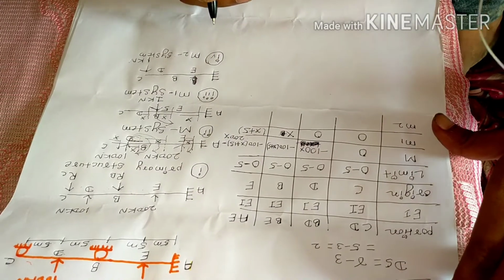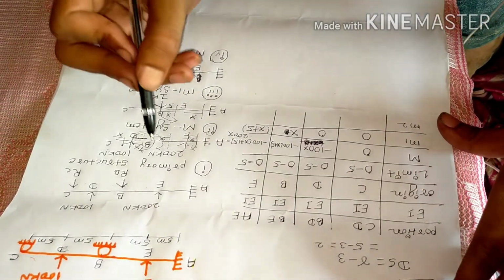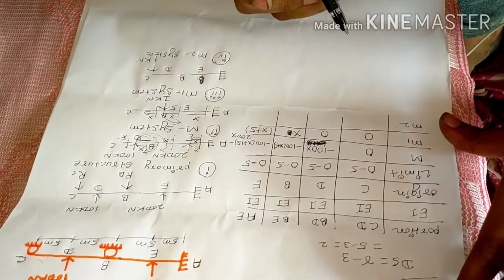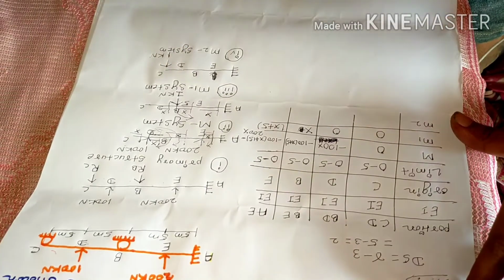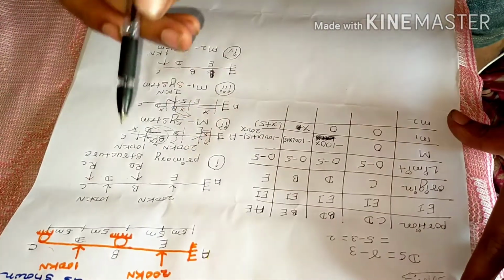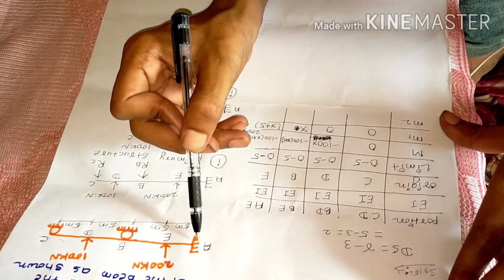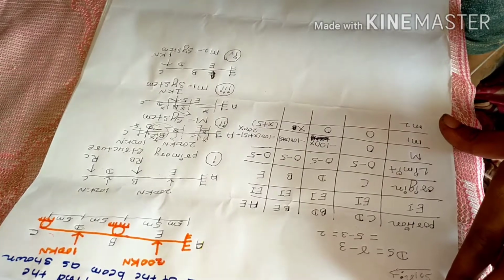If you ask whether we can also move from left to right, that's right, we may move from left to right, but always remember that if you start moving from left to right, then there is a fixed support, and we know at a fixed support the number of reactions is 3.